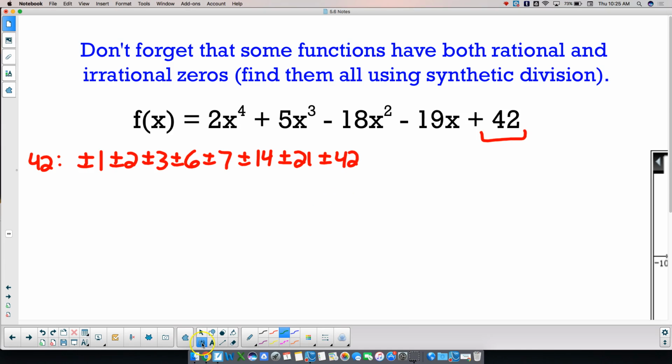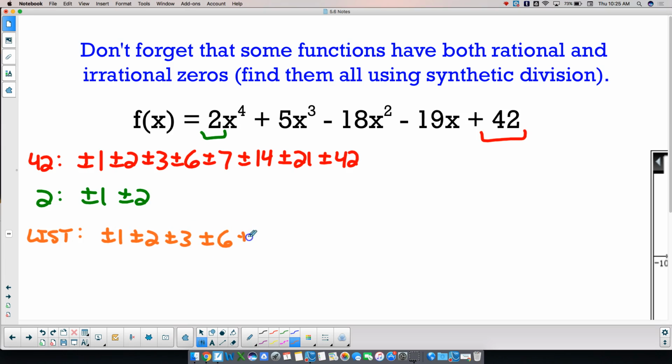Then I got to find me factors of 2. And that's 1 and 2. So my list is 1, 2, 3, 6, 7, 14, 21, 42, 1/2. 2 divided by 2 is 1.